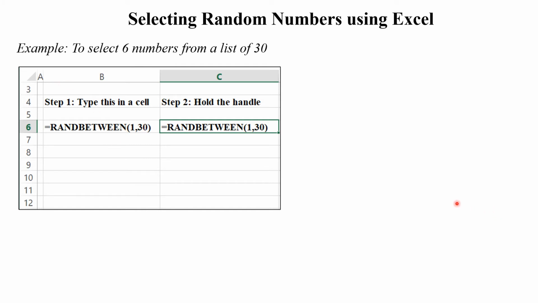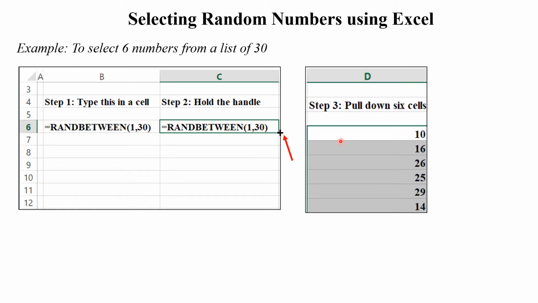Next, highlight the cell, hold the fill handle, the plus sign, and pull it down. Automatically these numbers are generated.